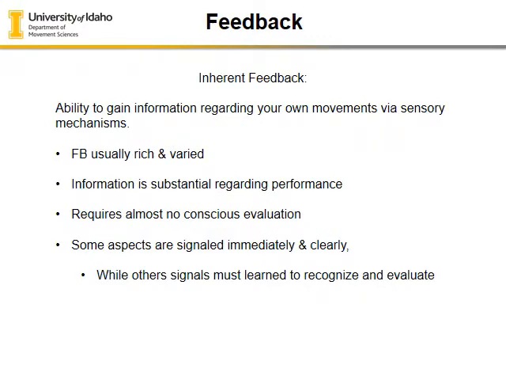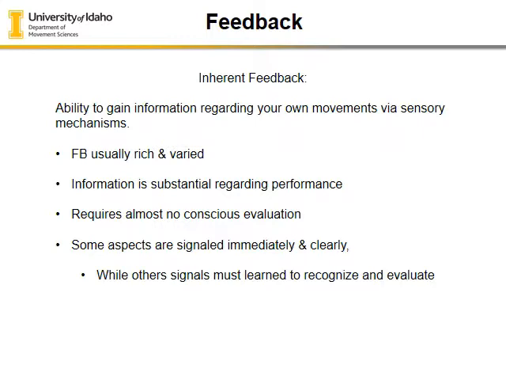So what is inherent feedback? It's the information you gain regarding your own movements via these sensory mechanisms. Oftentimes this feedback is very rich and varied, with a substantial amount of information occurring in your performance. Very often it's unconscious in its processing of the feedback for us.